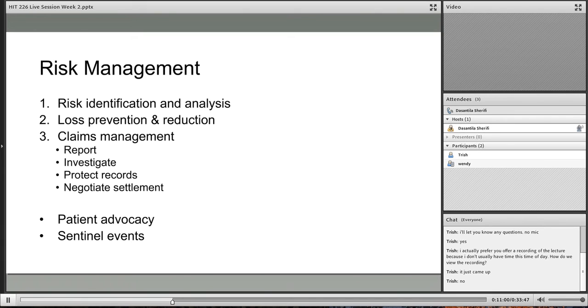Okay, so once those are identified, then this team will come up with loss prevention and reduction programs. So, okay, we just identified that perhaps fire could be something we fear here. So what are some things in place? Maybe definitely smoke detectors or anything of that nature to make sure that that might not happen.